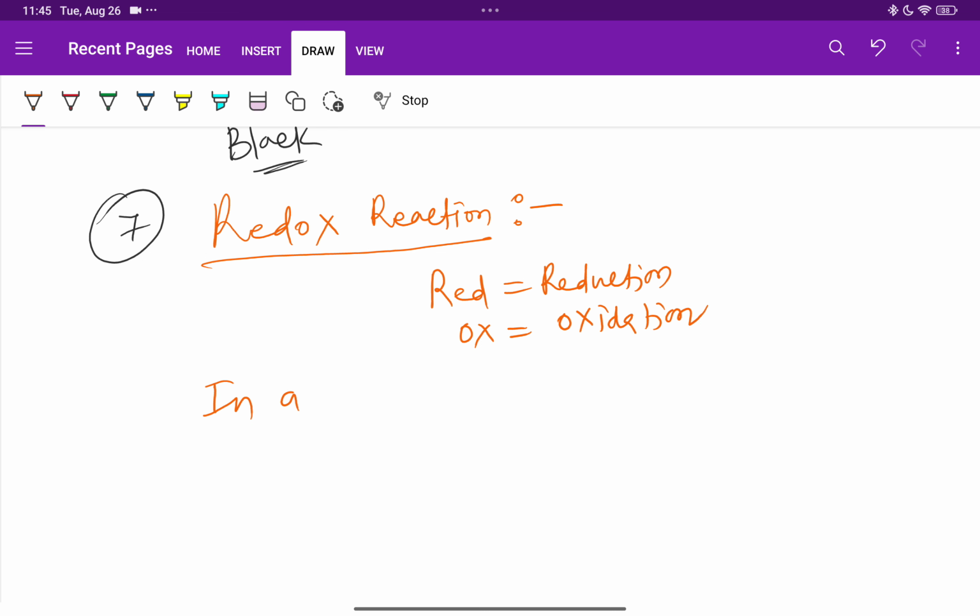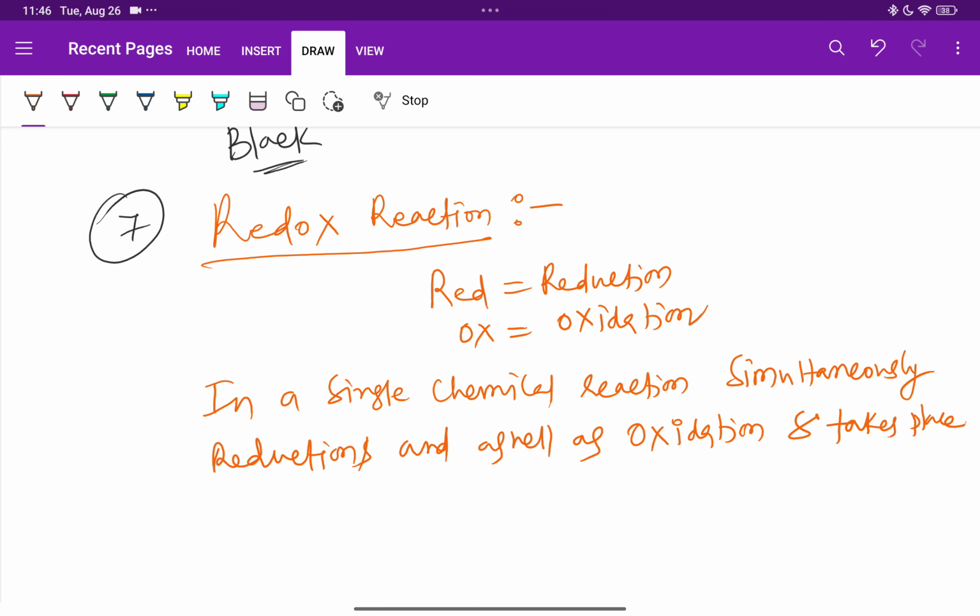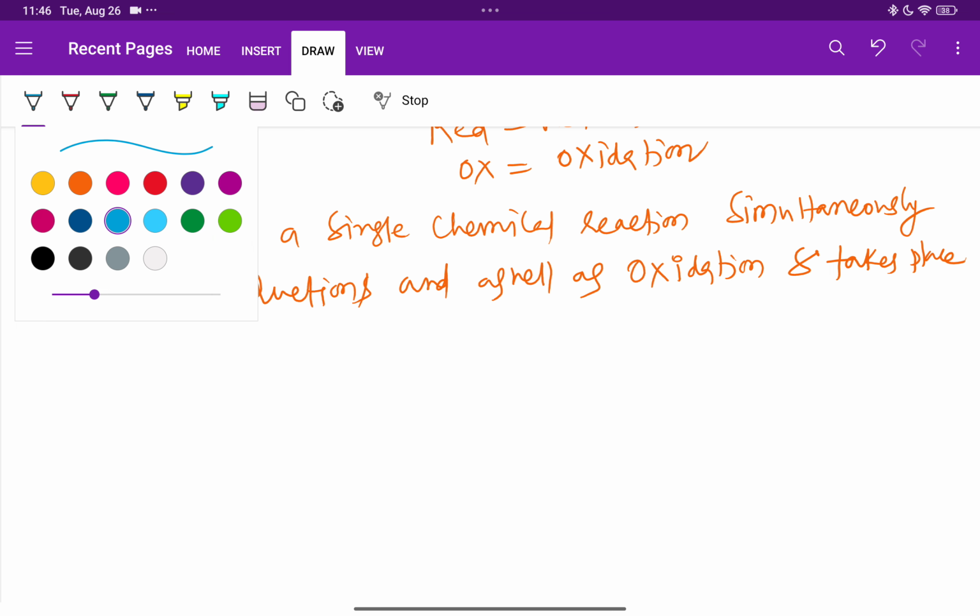In a single chemical reaction, reduction as well as oxidation takes place simultaneously. So what is the example? Very simple.